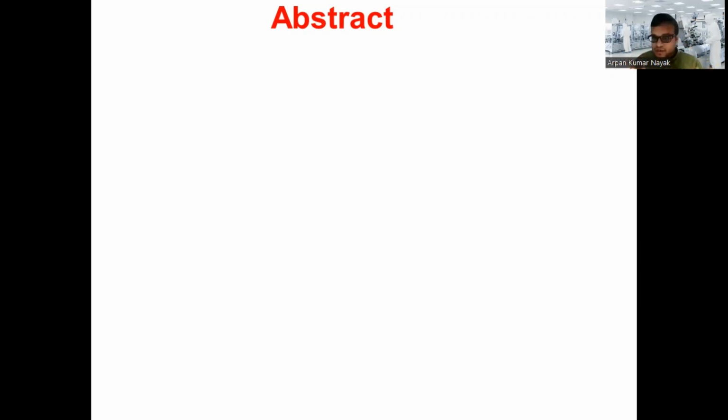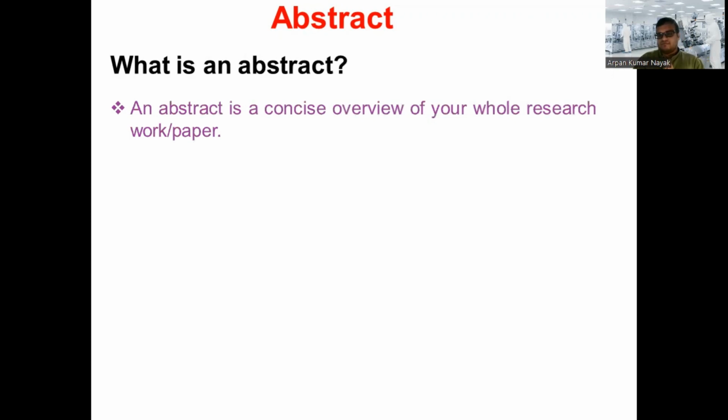So let's start. What is an abstract? An abstract is nothing but a concise overview of your whole manuscript or whole research work. Like in title, what do we understand? In title, we take a few keywords of your whole manuscript.